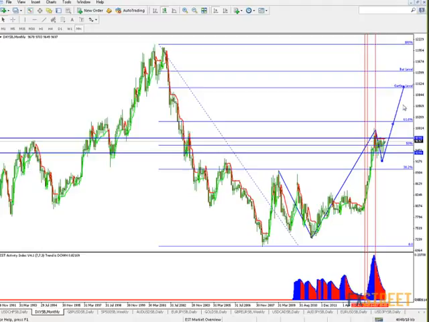as a wave 5. And what we so often find is that in Elliott terms, wave 5 is very often the same length as wave 1. Not always. Sometimes it's going to be a Fibonacci multiple, etc. But very often that's exactly what happens. And I've been looking at this now for a little while.